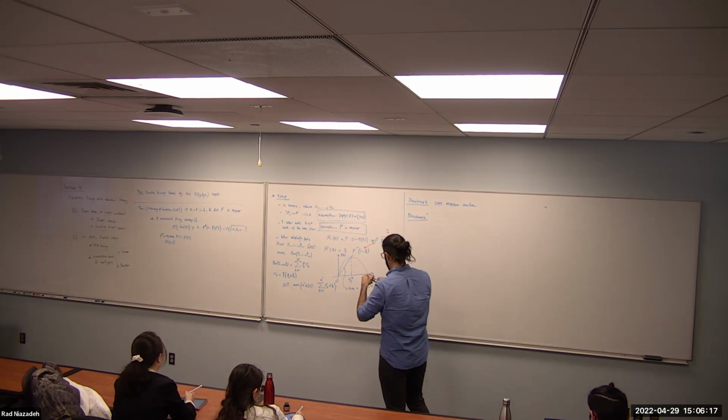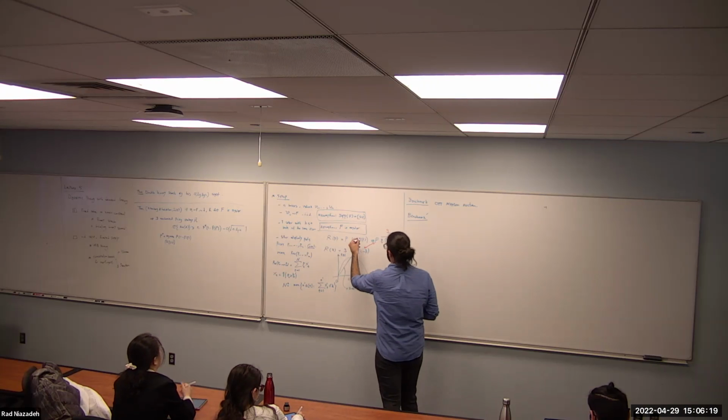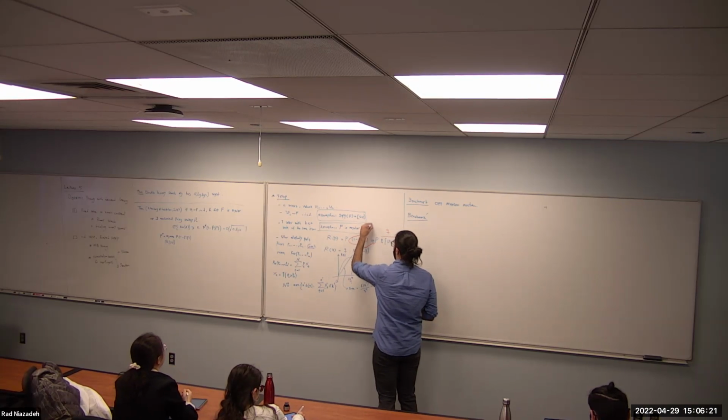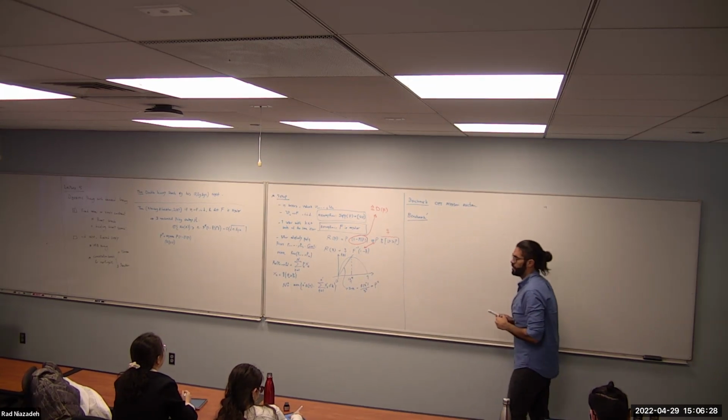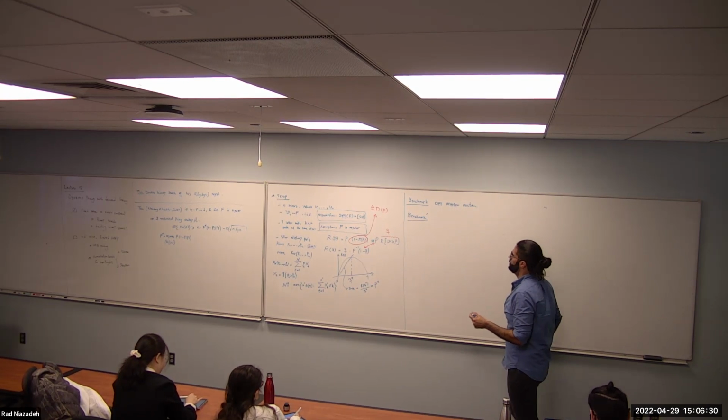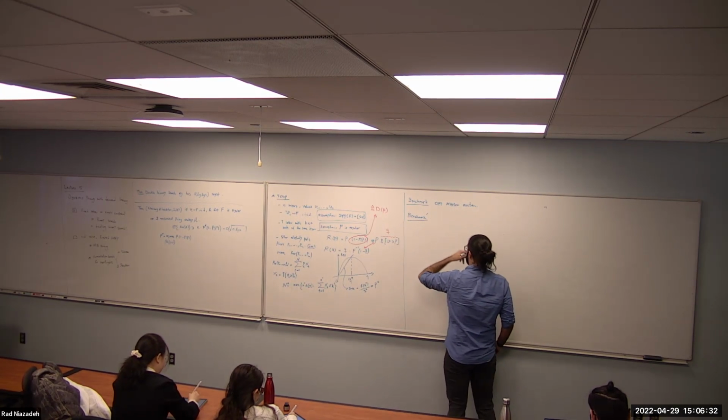Let me also introduce a notation, I'm going to use it a lot of times. 1 minus F of p, I'm going to denote by the demand at the price p, or D of p, just for simplicity.